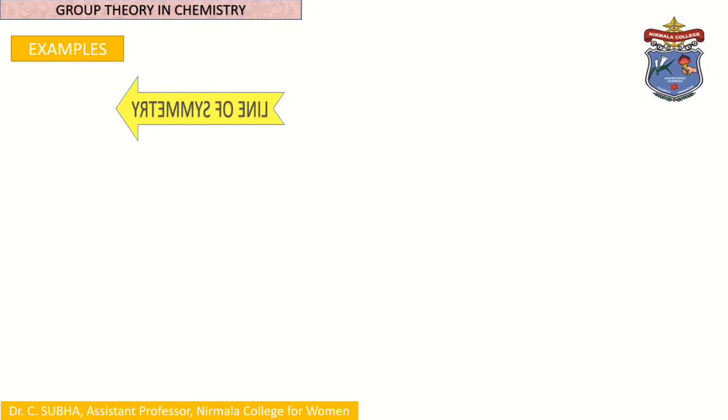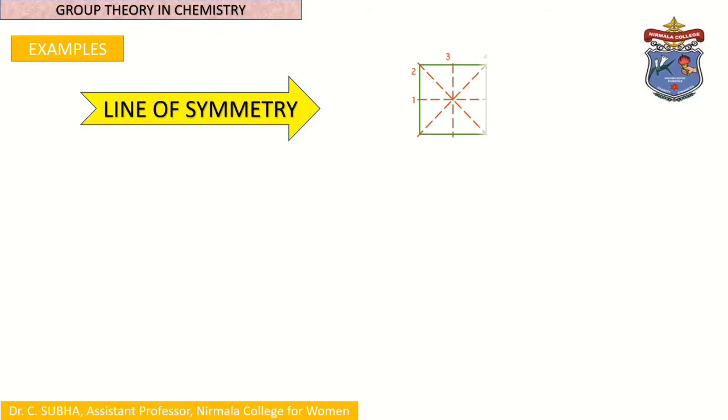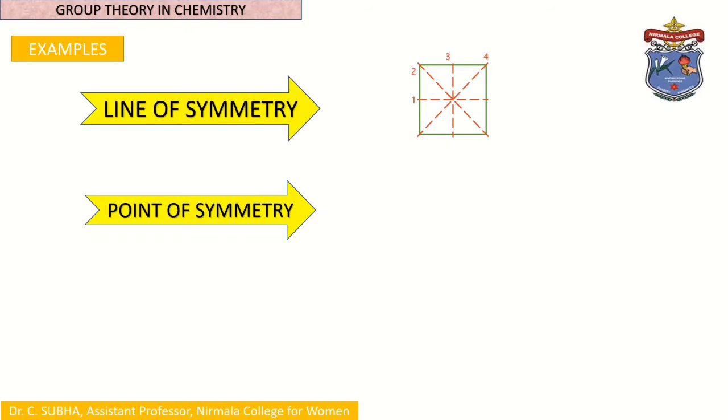Examples are the line of symmetry. In the cube, the dotted lines represent the lines through which a rotation or a reflection can be done so that we get an equivalent configuration to the original. The next example is the point of symmetry.